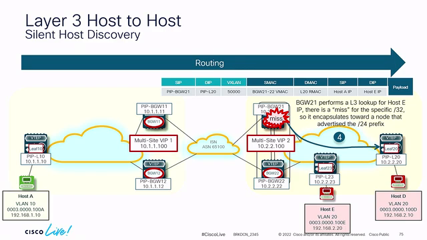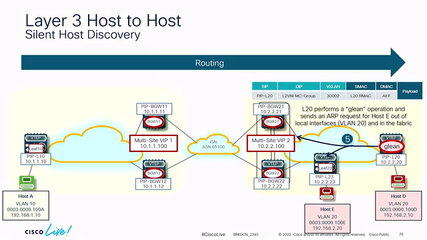The miss means I need to try to find out where the host is connected, right? And as Lucas explained, the leaf will do a glean process. In order to discover if that specific 2.20 host exists and where it is located in my site, it generates an ARP request for that host.